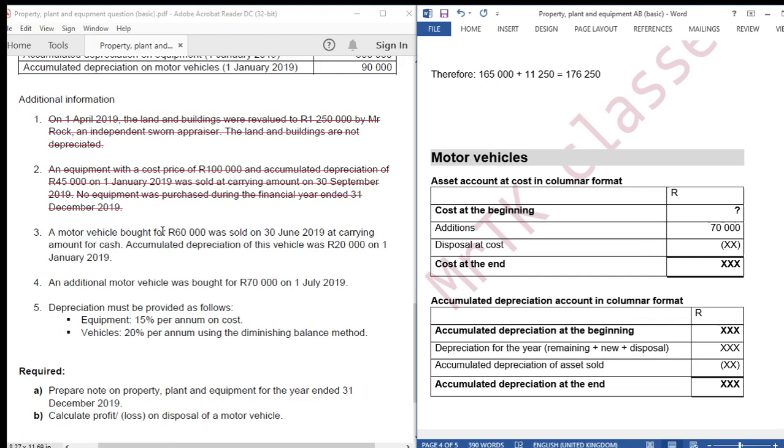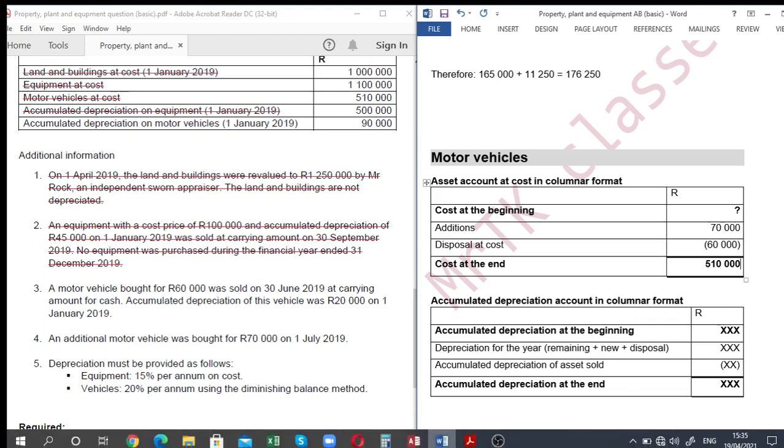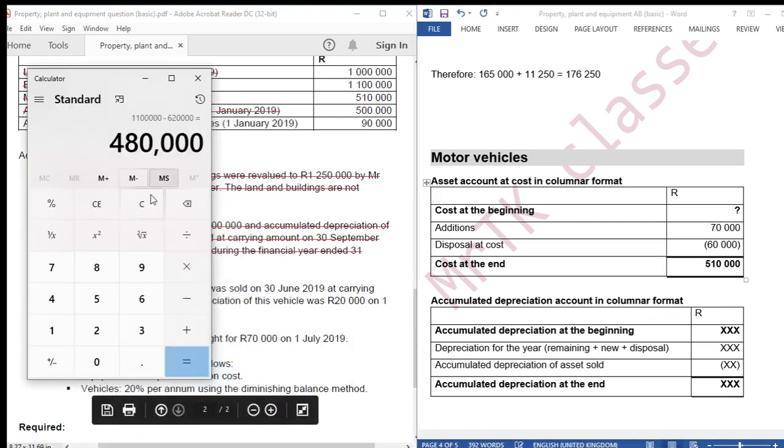A motor vehicle bought for 60,000 was sold. Then cost at the end, 510,000.